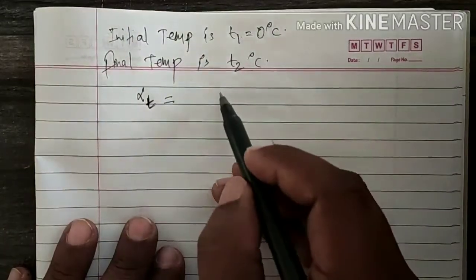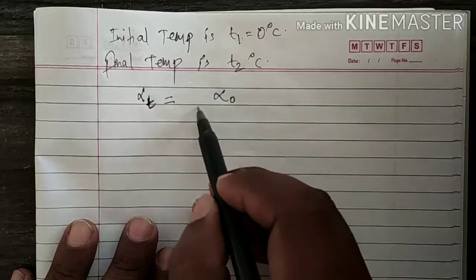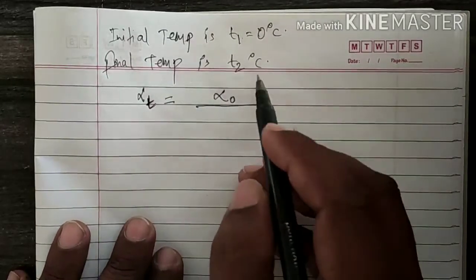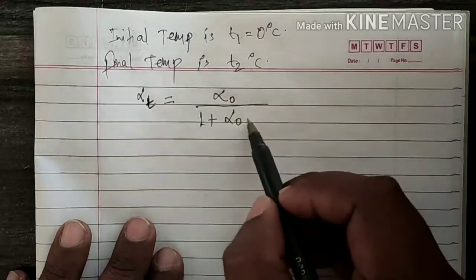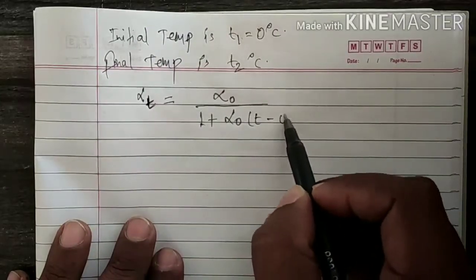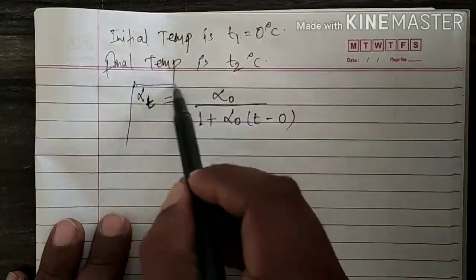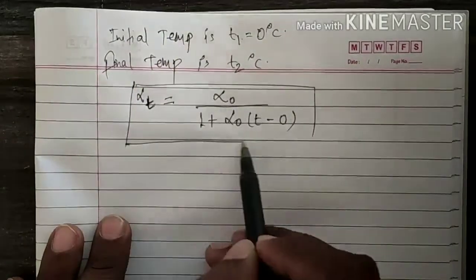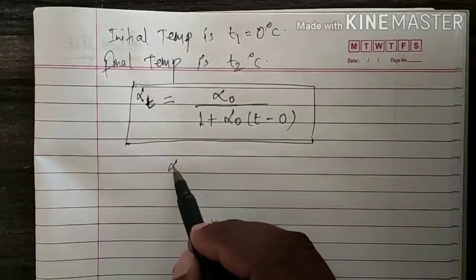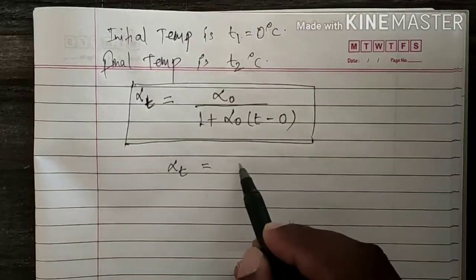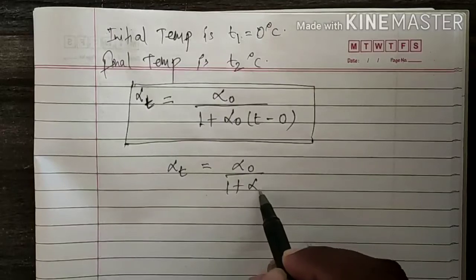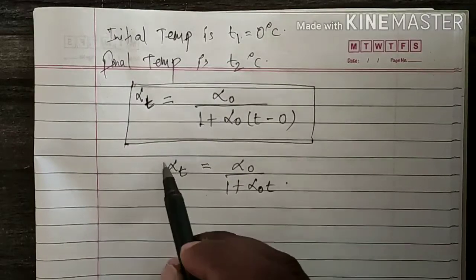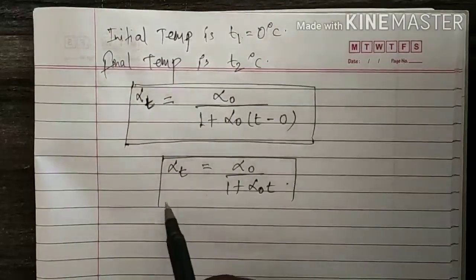So alpha T will be denoted as alpha 0, meaning the initial temperature, 1 plus alpha 0, again (T minus 0). Okay, so this is the expression for my alpha T, or you can also write alpha T is equal to alpha 0 (1 plus alpha 0 T).